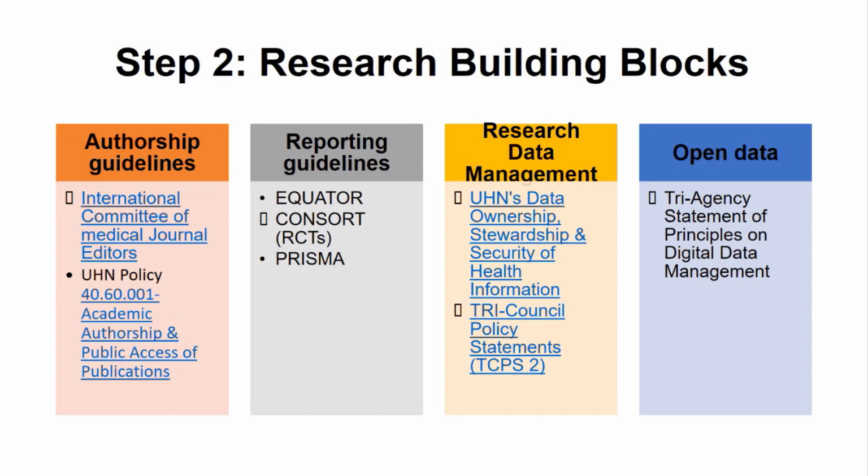The Canadian Institutes of Health Research, the Natural Sciences and Engineering Research Council of Canada, and the Social Sciences and Humanities Research Council of Canada, the agencies, are federal granting agencies that promote and support research, research training, knowledge transfer, and innovation within Canada.